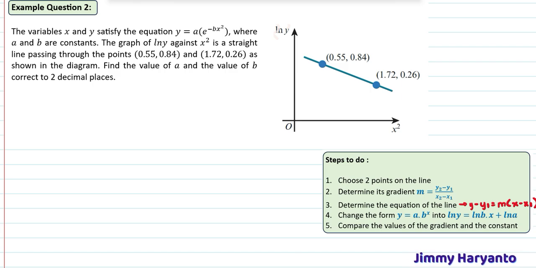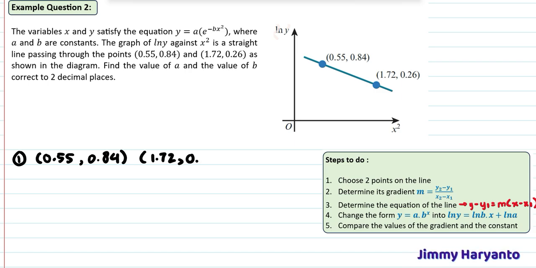For example question 2, we have the graph of ln y against x squared. That means we have to do the step by step. Yeah, first we have to find the linear form by choosing 2 points on the line. So the points are already given, which are 0.55 and 0.84, and also 1.72 and 0.26.